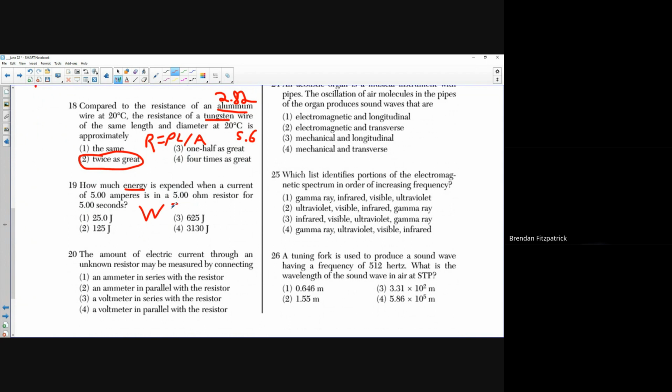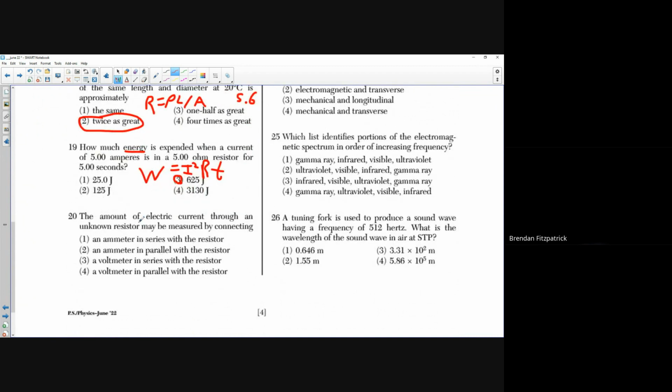So they're giving me current, resistance, and time. So that's I squared R t is the formula that I'm going to use. So the current is 5 squared times 5 ohms times 5 seconds gets me 625. Choice 3.